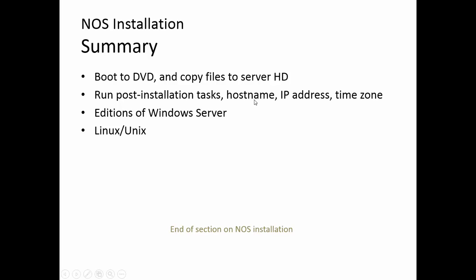Then we reboot and run the post-installation tasks, which include assigning a host name and a DNS suffix, assigning an IP address, and specifying the time zone. We looked at the different editions of Windows Server, and we briefly looked at the Linux/Unix operating system. And this concludes our section on network operating system installation.